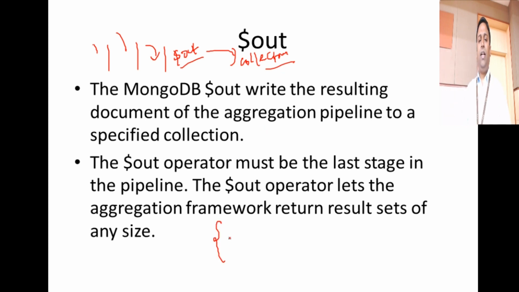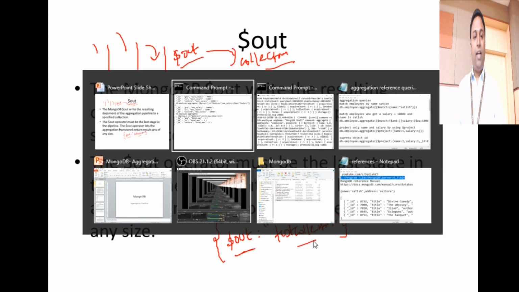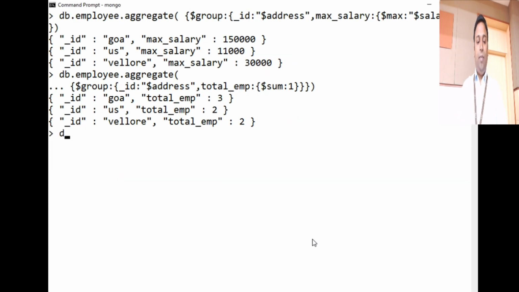The very simple syntax for $out is you just give $out and then the collection name. So if you want to write it to test collection, we'll just say test collection. What it will do is write all the results to this particular collection called test collection. We'll try this. I have db.employee.find, these records here, right?